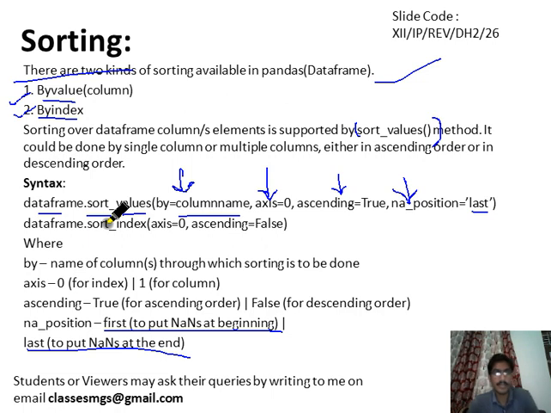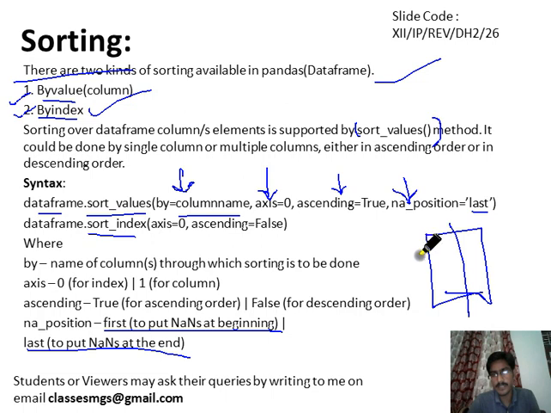And there is another method, sort_index, because we know that a data frame has some index like this. If this is the data frame, then it will have index like 0, 1, 2. It may be anything. It need not be an integer. It may be a string. But if you want to sort by the index, we will use the sort_index method.